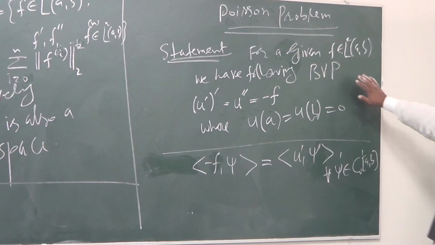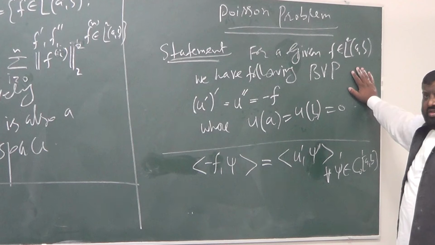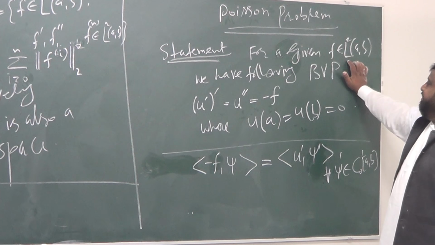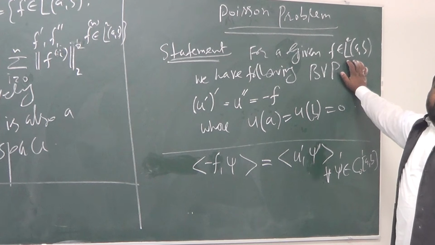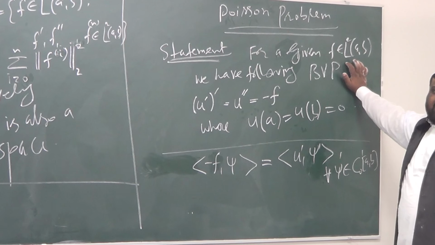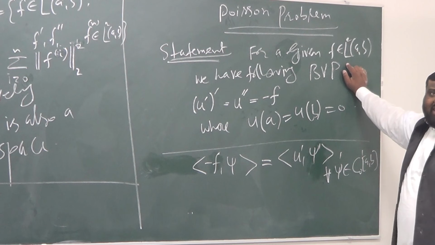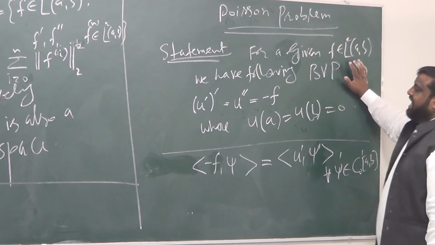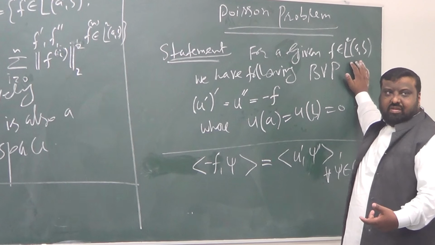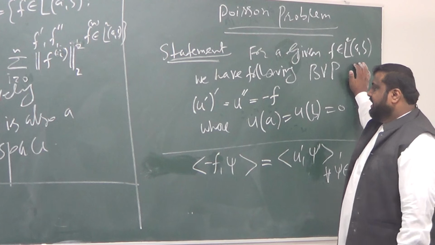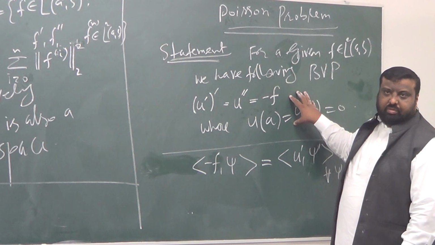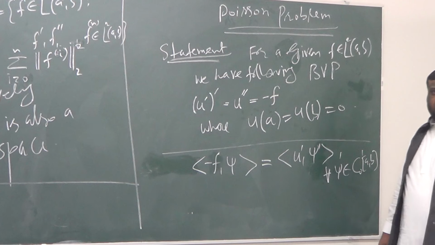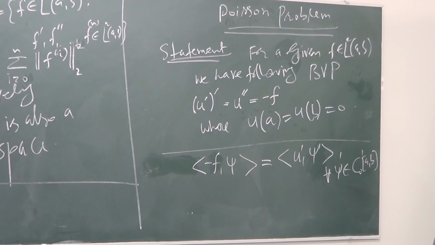What we did basically is formulate a problem. For a given f, a given forcing term, a given non-homogeneity, where this f could have some practical meaning, I want a u in some suitable space that satisfies this boundary value problem in some sense, and that sense is the weak sense.